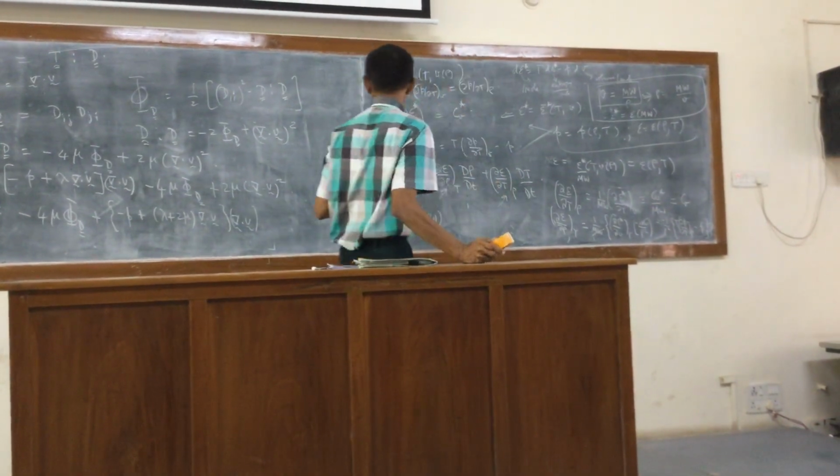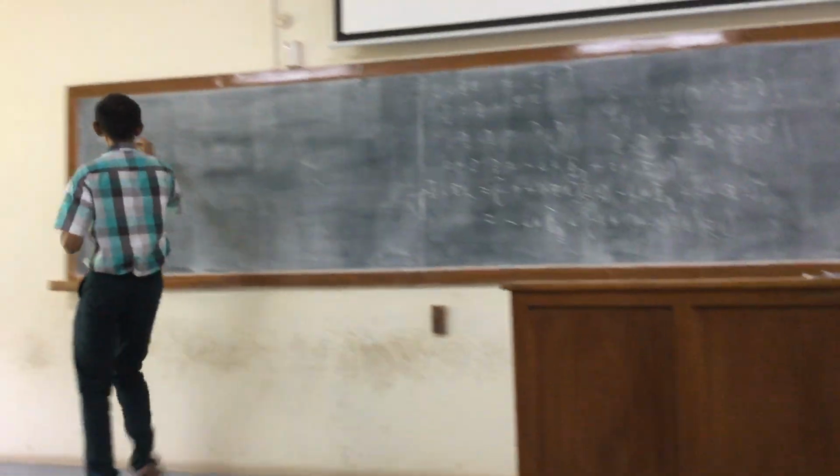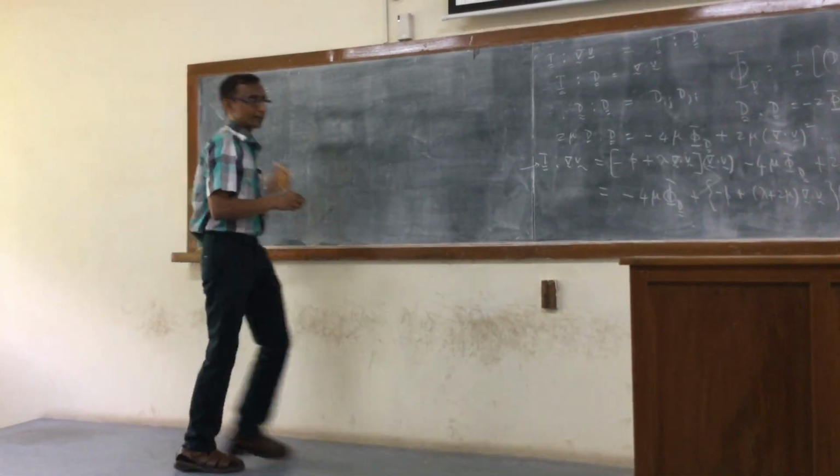Right? So now what? So now I need rho dE by dt. That's the last. I'm going to write it there.